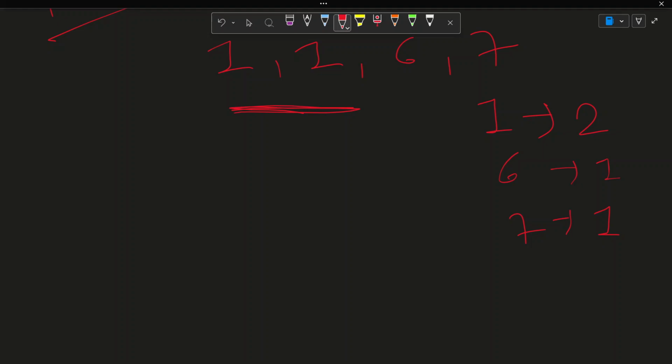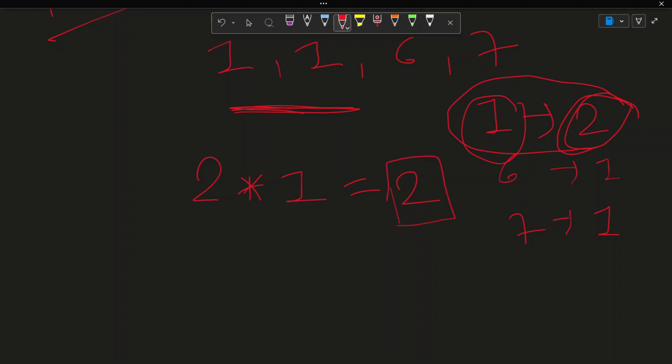First of all we need to derive the frequency by using the key. Our key's value is 1, that means 1 is repeating 2 times. So in the answer we are adding 2.